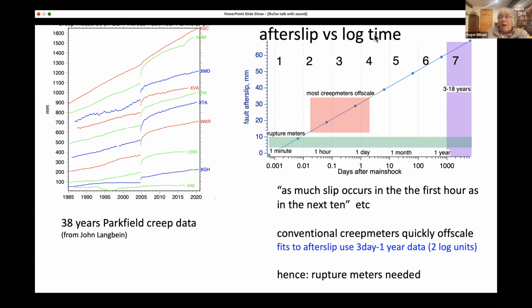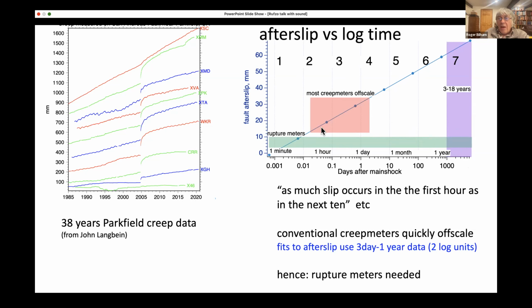So if you look now at the Parkfield region as a complete system, a 20 or 30 year period of earthquakes occurring followed by afterslip, what you find is there's about 7 decades of time, and most creep meters are off scale for the first day or two.